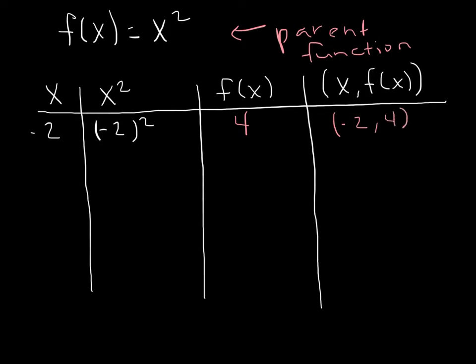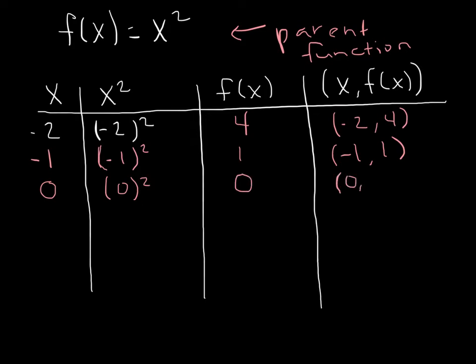Cool. Now we're going to continue to do this for some more points because we at least need 2 points, probably more, right? So -1 in parentheses squared. -1 times -1 is a positive 1. So we get the point -1, comma 1. Then let's do 0. 0 squared gives us 0.